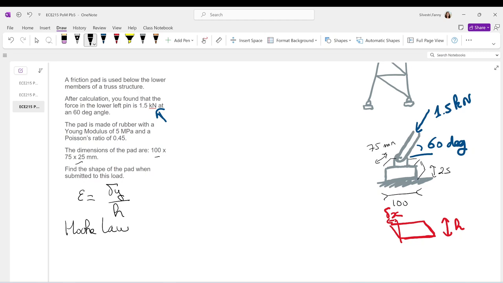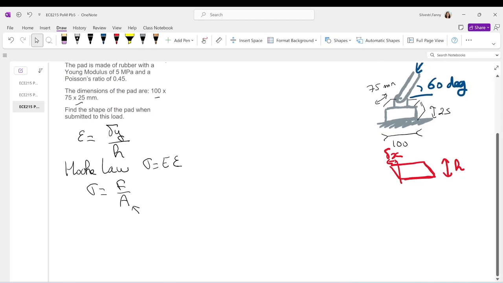Remember the formula sigma equals E epsilon. So we have E, we can find epsilon, but we need to find sigma also. For sigma, sigma equals force divided by the area. Looks good. We can find the area, we have the force, we have E, we can find epsilon, and we can find delta y. So this is for the normal strain, the h.